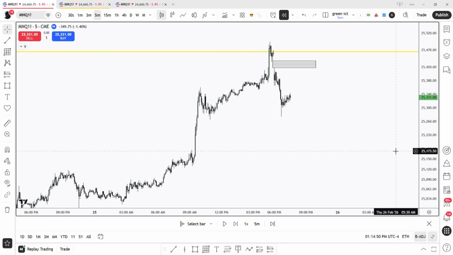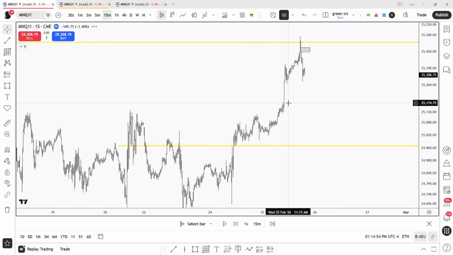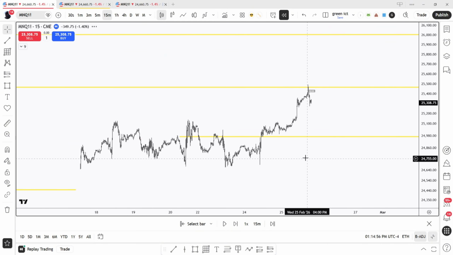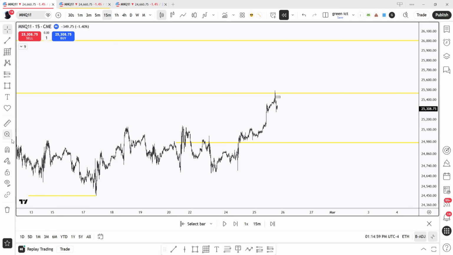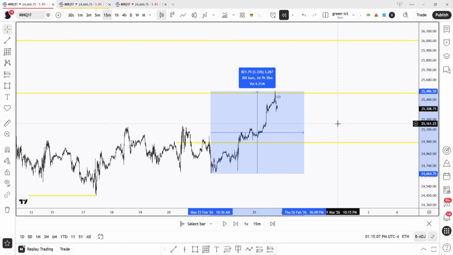And because price was so overextended during this whole session, really, this whole week, look how many points. This is Friday. Let's go Sunday, Monday. So off of Monday's AM lows, the market pumped 820 points.